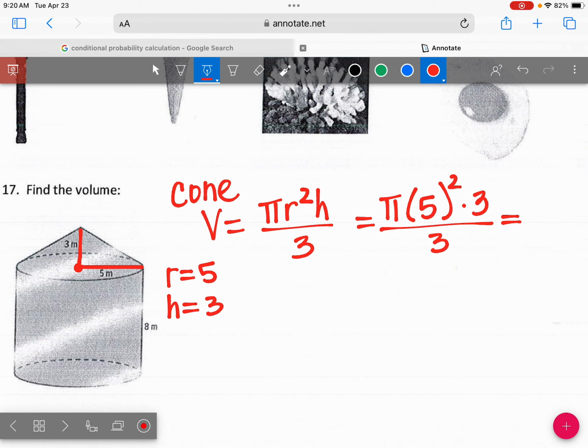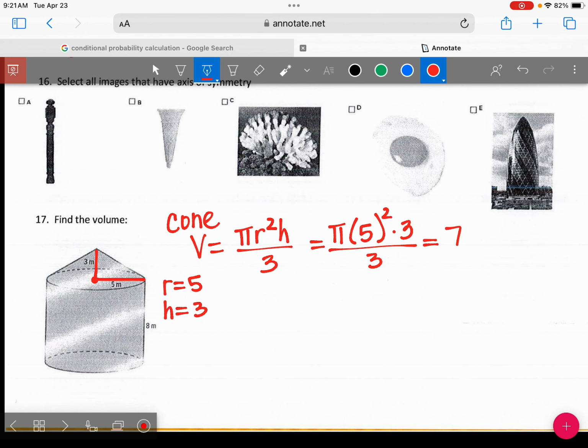And make sure you hit that button to change it to a decimal. So you should get, who got 78.5? Okay, so 78.5. I'm going to put that to the side.